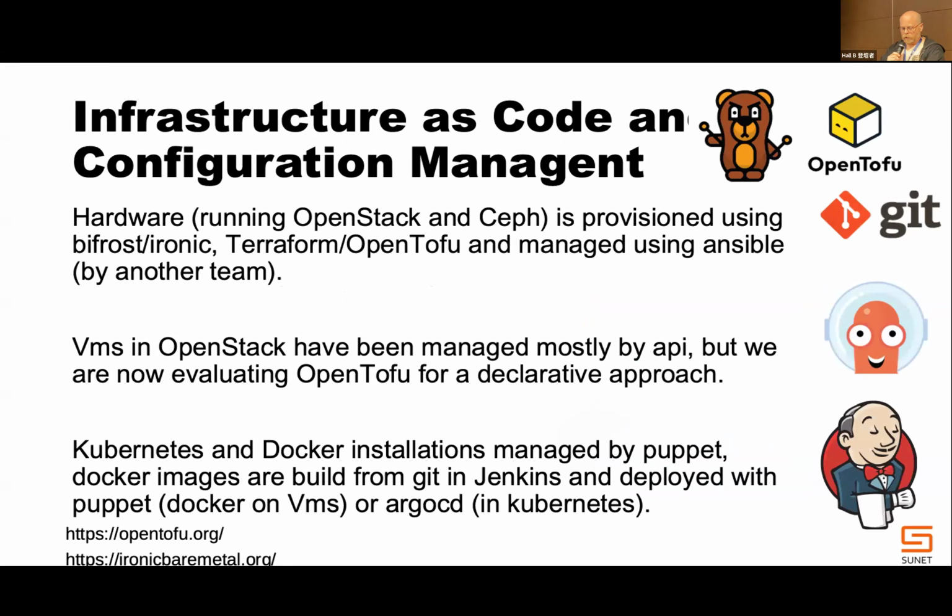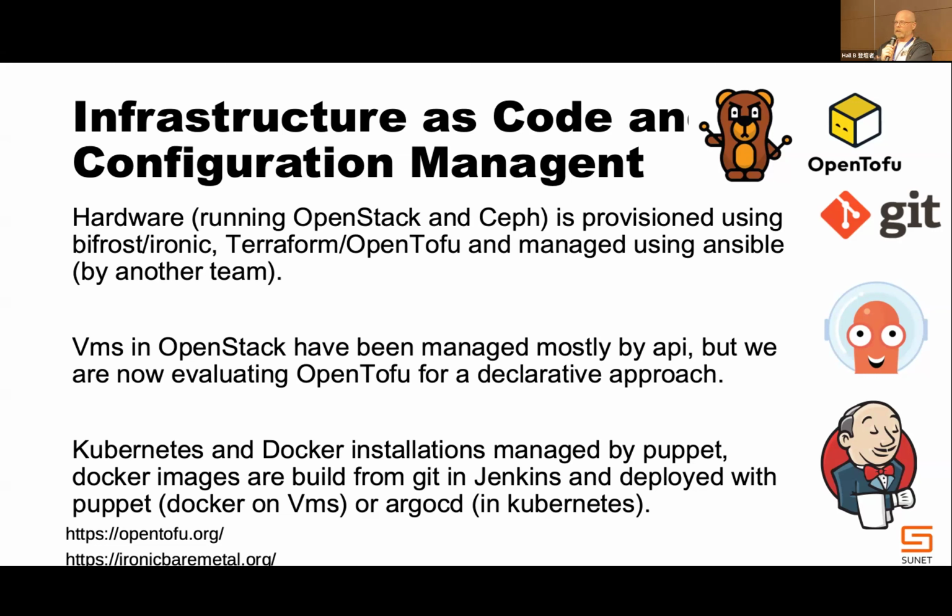The hardware that we are running on is provisioned using Bifrost and Ironic and Terraform or OpenTofu, and managed using Ansible. A major reason for us to do infrastructure as code and configuration management is that we can be cryptographically sure about what code is running at a given time.